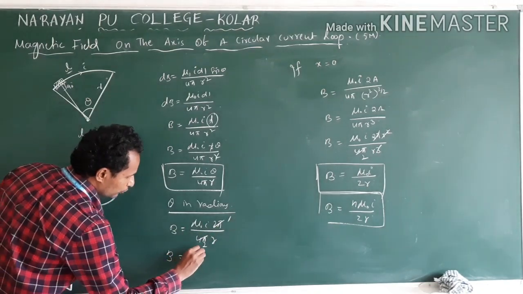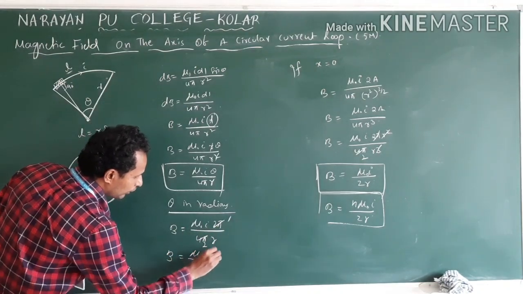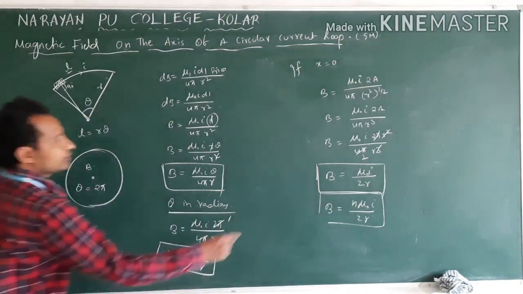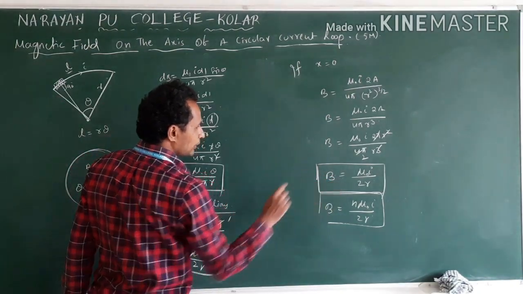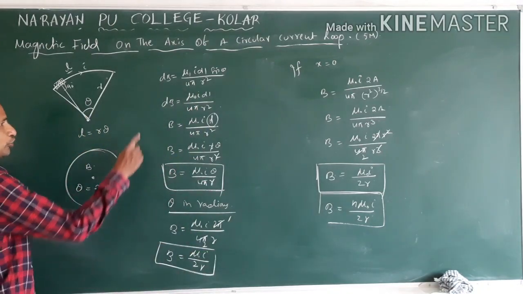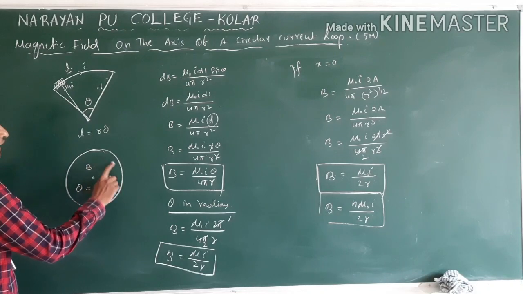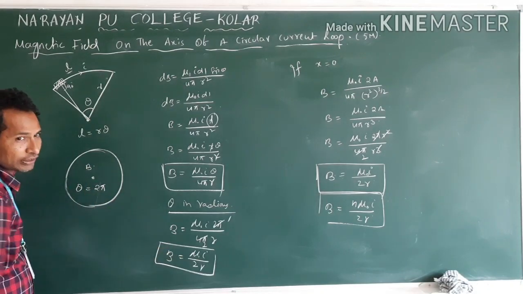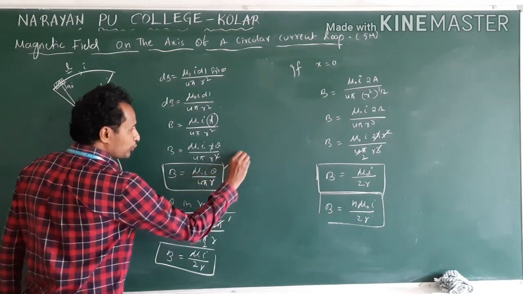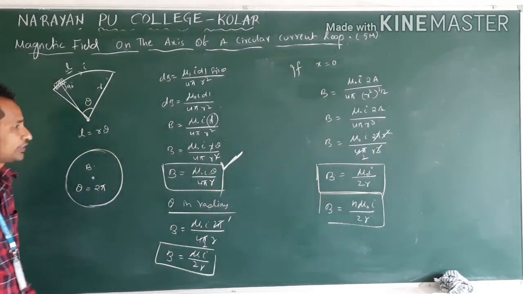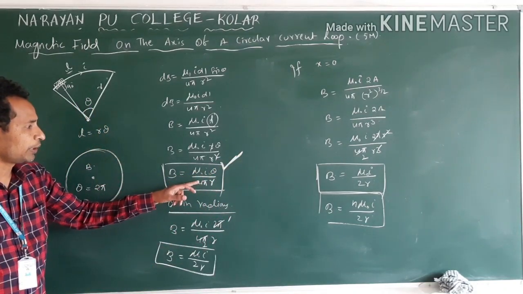B is equal to mu naught I by 2R. Same or not? This is according to the derivation, but here we take it in terms of theta. If it has n number of turns, multiply with n. In this formula, remember, theta we take in radians. mu naught I theta by 4 pi R.